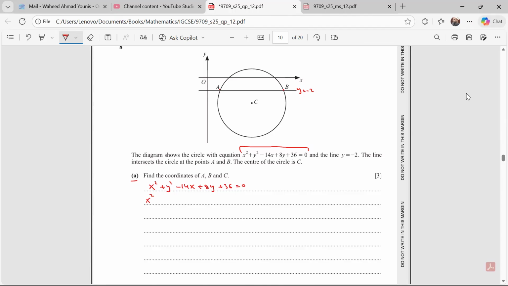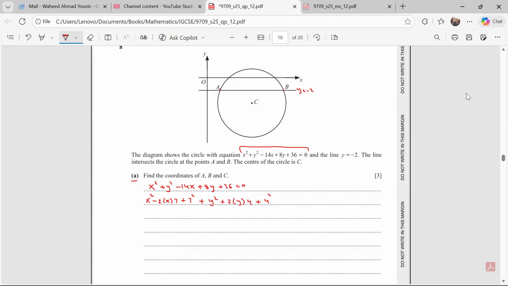This is x squared minus 14x. 14x means 2 times x times 7, right? So the next term is 7 squared, which has to be included here. Similarly, y squared plus 8y is 2 times y times 4, so the next term has to be 4 squared here.